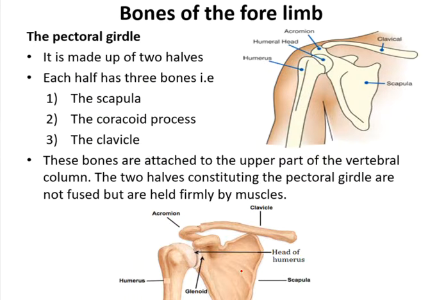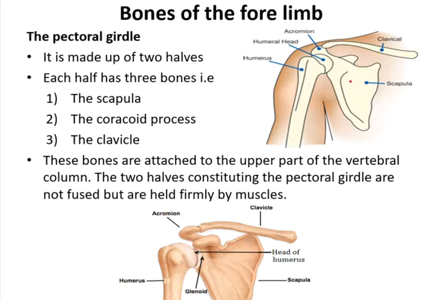Let's look at the pectoral girdle. The pectoral girdle is made up of two halves. Each half has 3 bones, that is the scapula, the coracoid process, and the clavicle. And we have the left half and the right half.